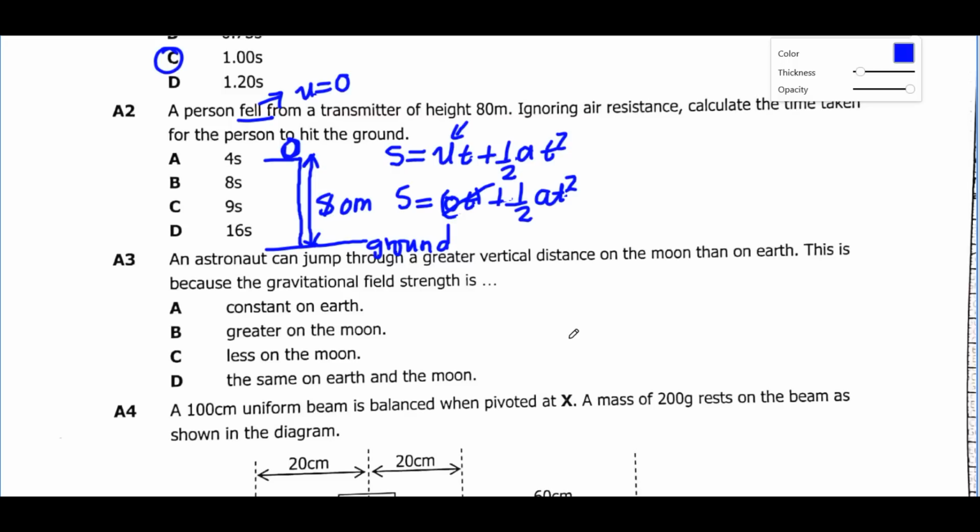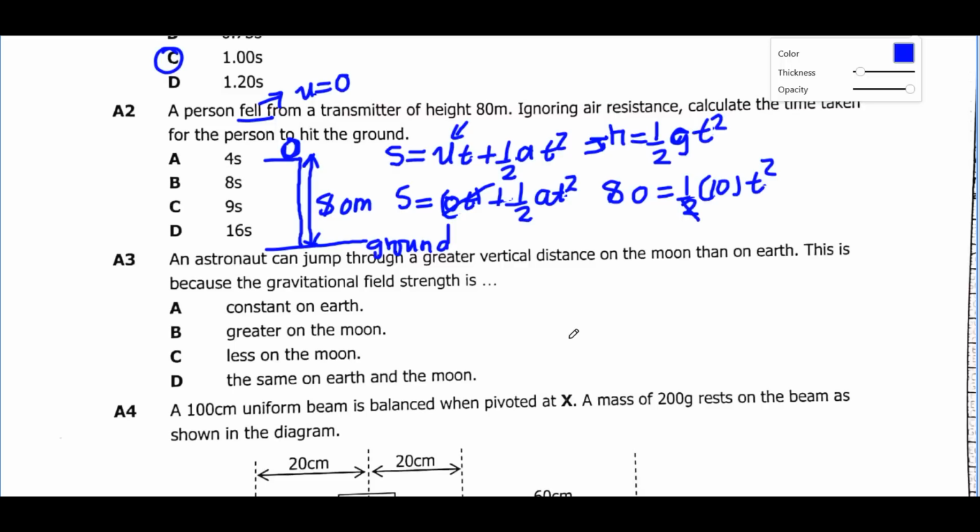S will be replaced by H for height, it is the same. Then we have half, A we are going to use gravitational acceleration, then multiply by T squared. Where there is H we put 80 meters is equal to half, gravity is 10, multiplied by T squared.